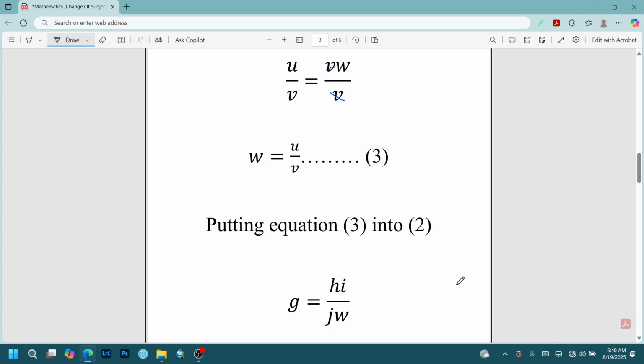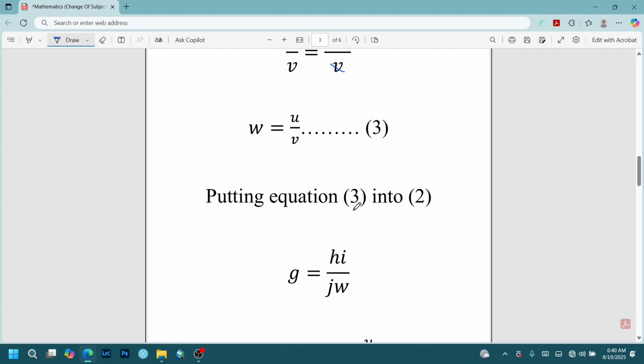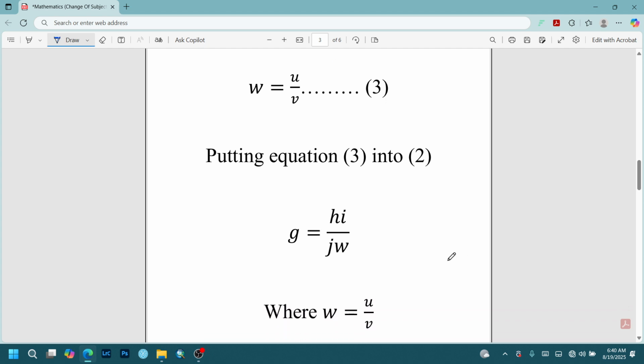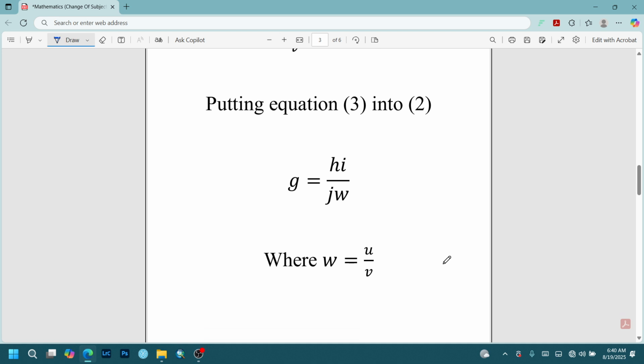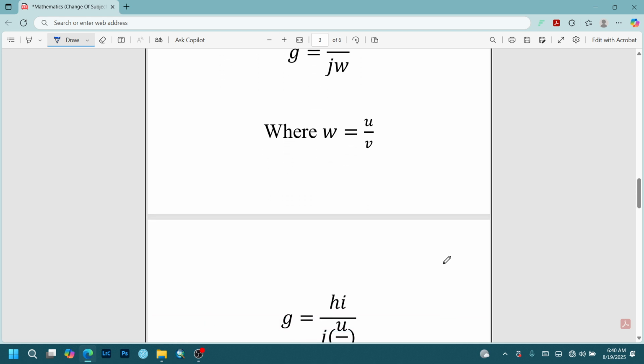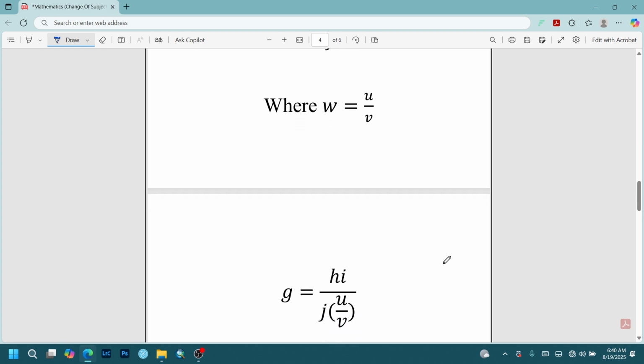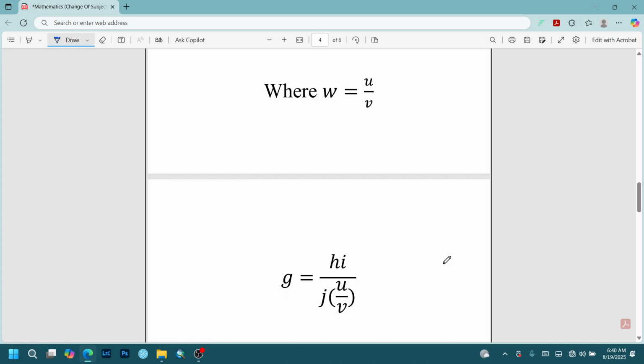So that means wherever we see W here, we have to put in the fraction U over V, where W equals U over V, as explained earlier on. So we are going to have J equals the fraction HI over J multiplying U over V, right?